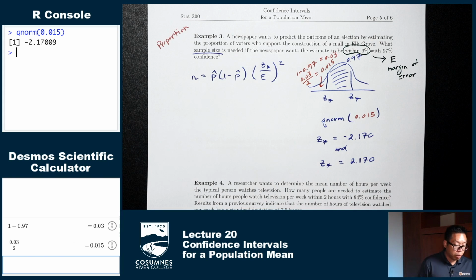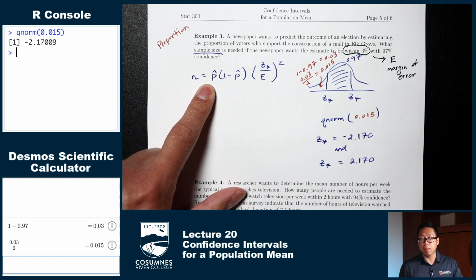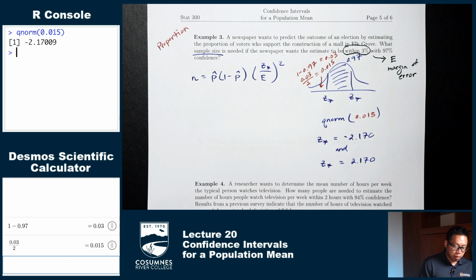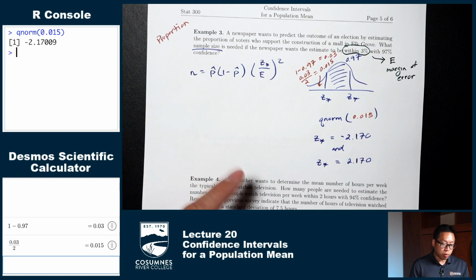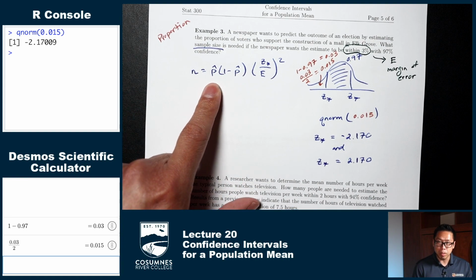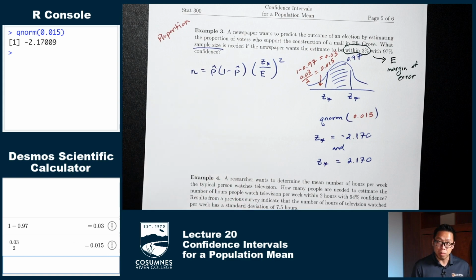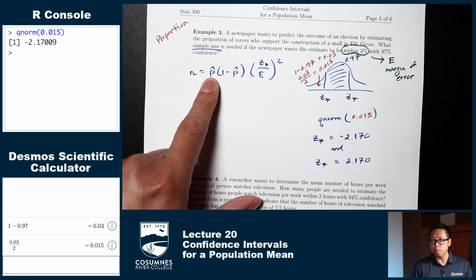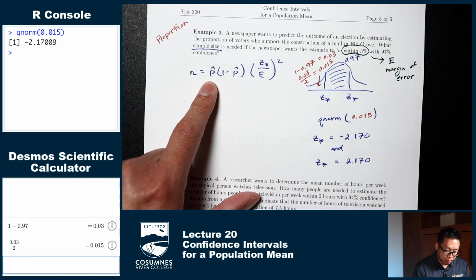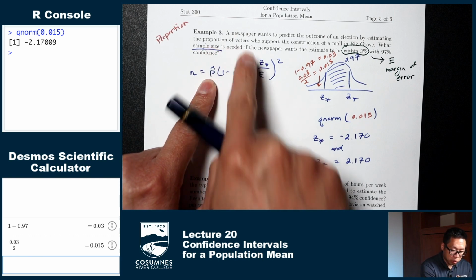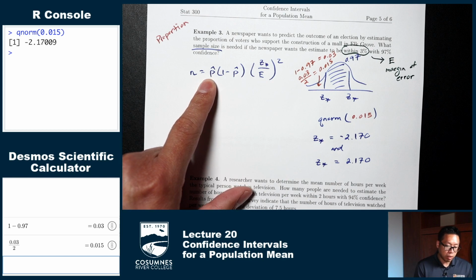And then finally, what do we plug in for P hat? Remember from the last lecture, if there's an estimate for P hat, you're going to use it. If there's not an estimate for P hat, you're going to use 0.50. So is there an estimate for the P hat? P hat here is the proportion of voters who support the mall in Elk Grove.